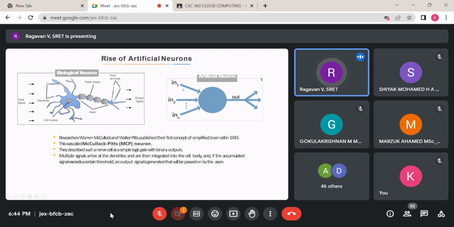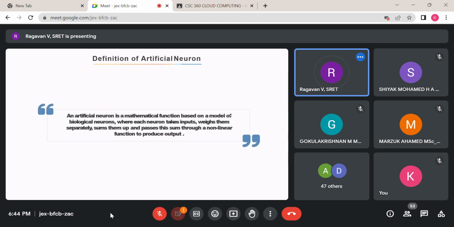The artificial neuron has multiple inputs, which come from the input layer. Then there is a cell nucleus, and here there are a number of neurons having activation functions in the hidden layer, and the axon carries output signals, here the output layer. So this is the comparison between the biological neuron and the artificial neuron. The neural network has 3 units: input layer, hidden layer, output layer. The biological neuron has input signals, dendrites, axon and output signals. This is the summary.